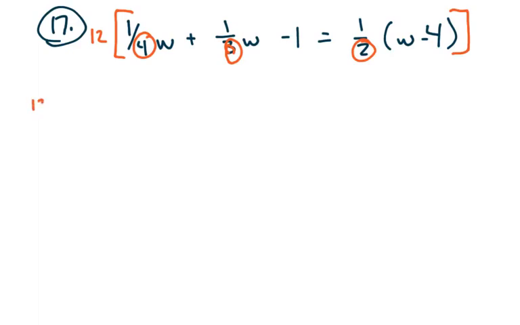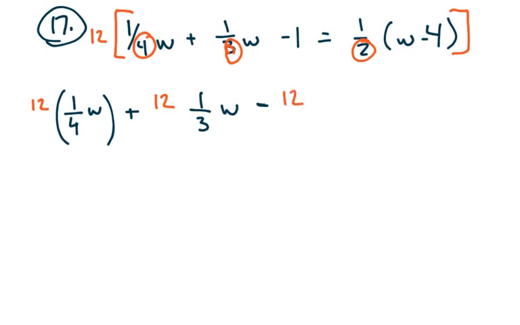And what this means, let's see if I can fit all of this in here, is I'm going to multiply every term, not just the fractions, every term by 12. Okay?